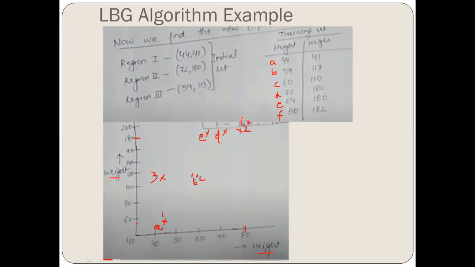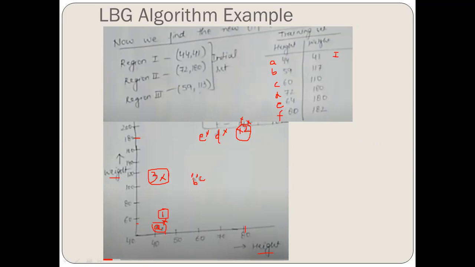Okay. Now you can see here that we have to find the closest match. Now see here, you can see that A is in the region of close match of 1, right? B and C are in the region of close match of 3. And F, E and D are in the close match of 2, right? So if I define the region, then for A, it is closest to region 1.